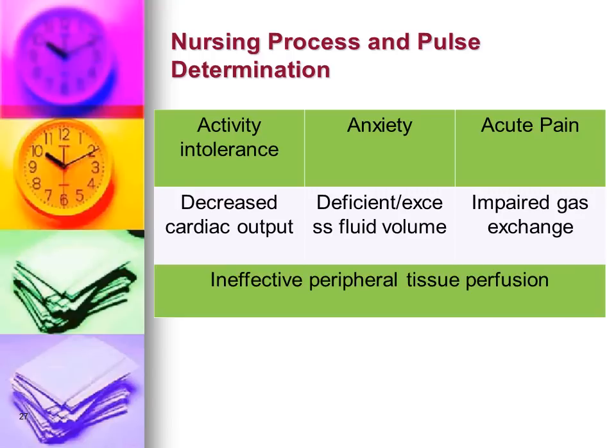Pulse assessment determines the general state of cardiovascular health and the response of the body to other system imbalances. Tachycardia, bradycardia, and dysrhythmia are defining characteristics of many nursing diagnoses, including the ones on the slide that I've got up there. The nursing care plan includes interventions based on the nursing diagnoses identified and the related factors.